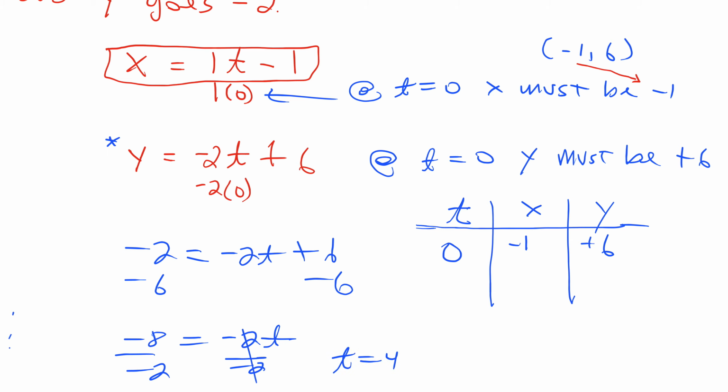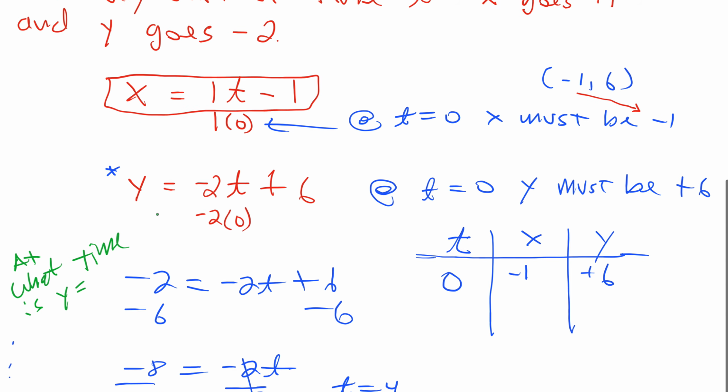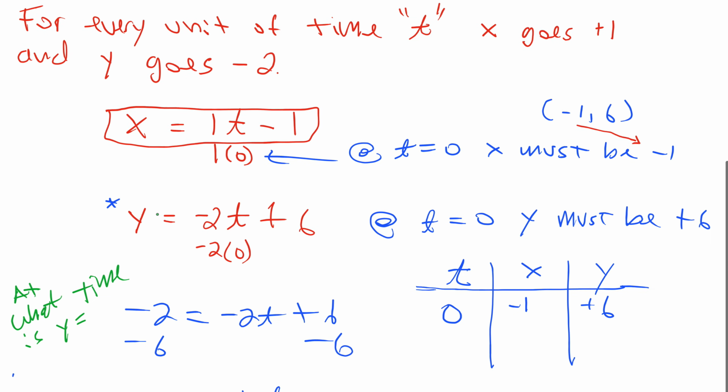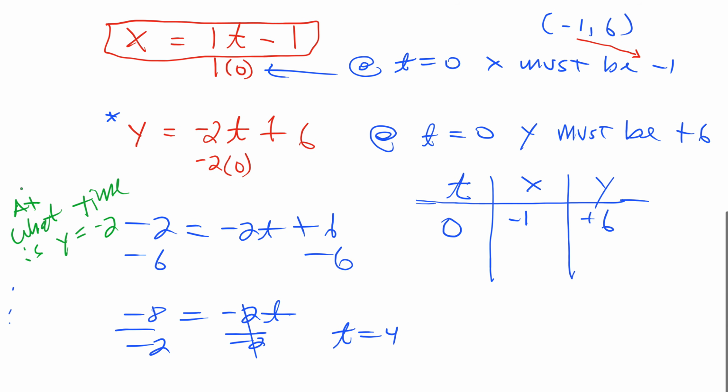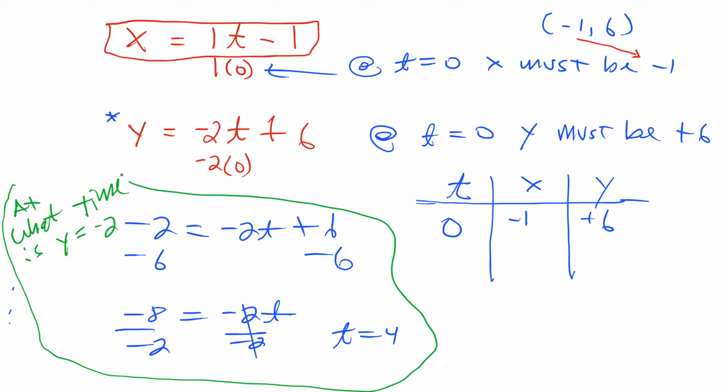So here's the question: at what time is y equal to negative 2? The domain is between 0 and 4, but make sure you double check it for x.